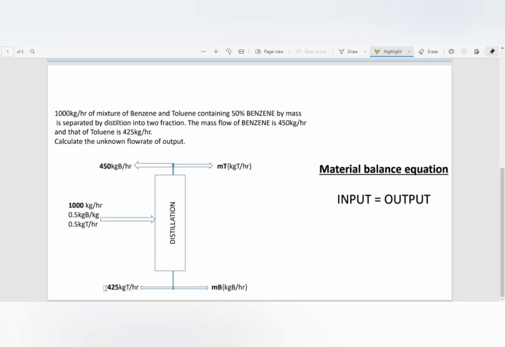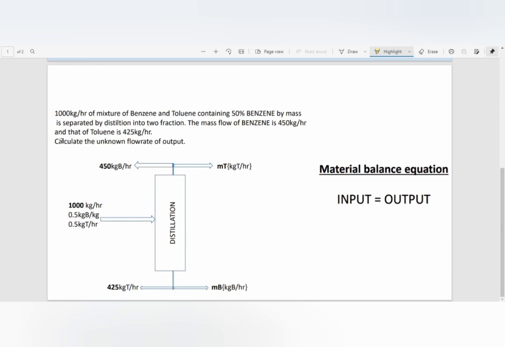Now what we have to do is calculate the unknown flow rates of the outputs. Unknown flow rates are mentioned by variables, by alphabets, in the outlet streams. Here we have two outputs mentioned by variables.